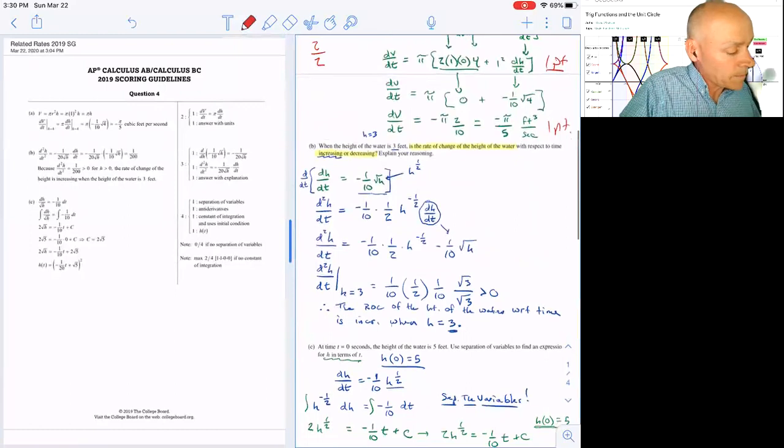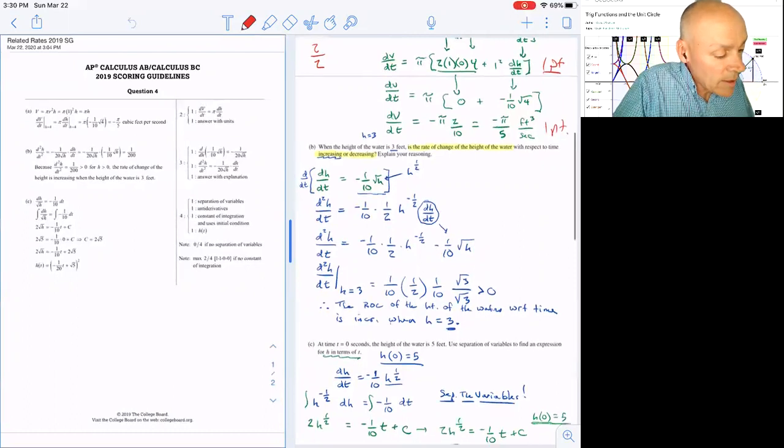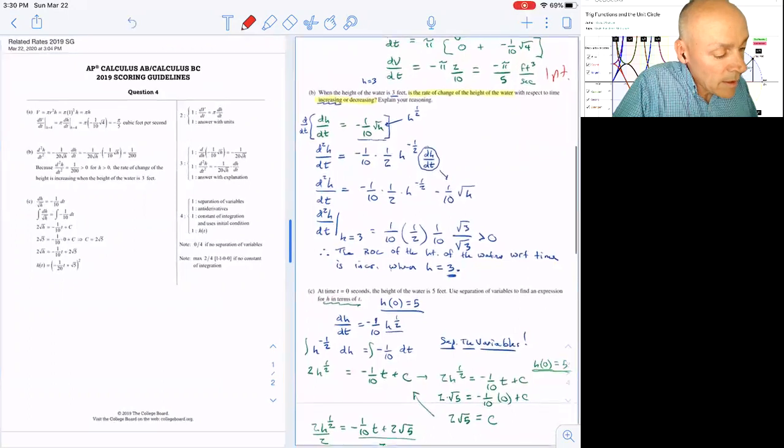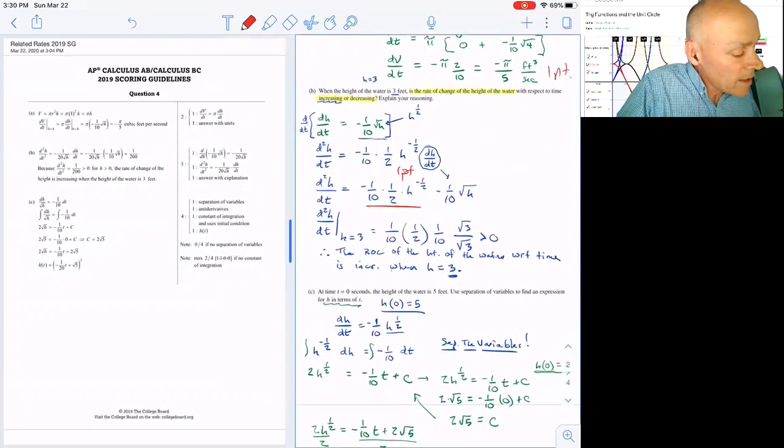Part B is worth 3 points. The first part is I've got to show dh/dt is equal to negative 1/20 square root of h. I have this right here, so 1 point for this.